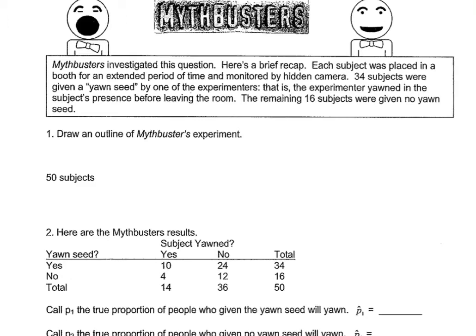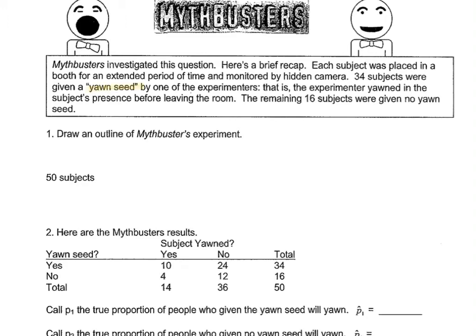So what they did is they took a sample of 50, I believe, people, and they randomly assigned them to getting a yawn seed, where the experimenter yawned in the subject's presence before they left, and then a room where they didn't yawn before they left the room.